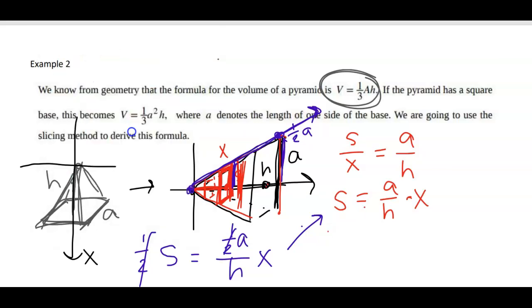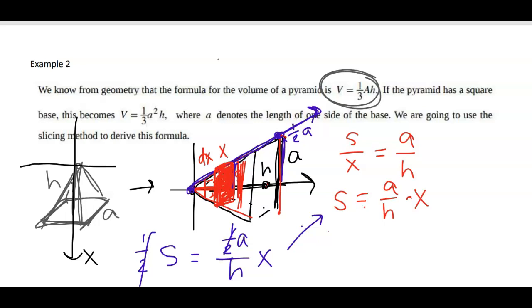Okay, so a representative little piece in here has a width of dx. So s squared times dx is what's going to give me the volume of one piece, because it's a square.